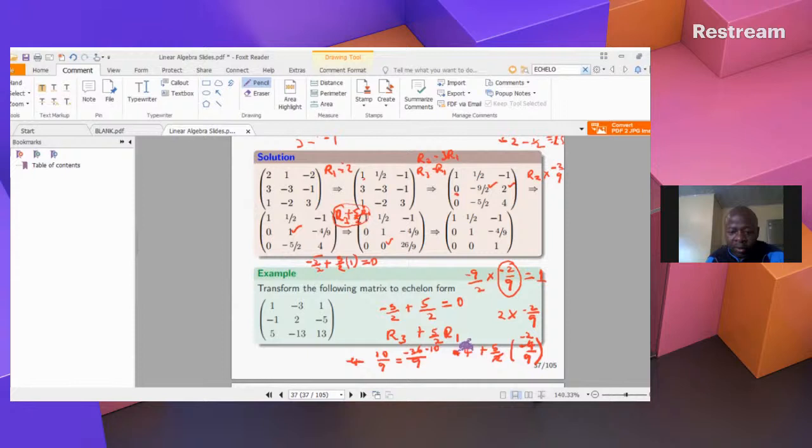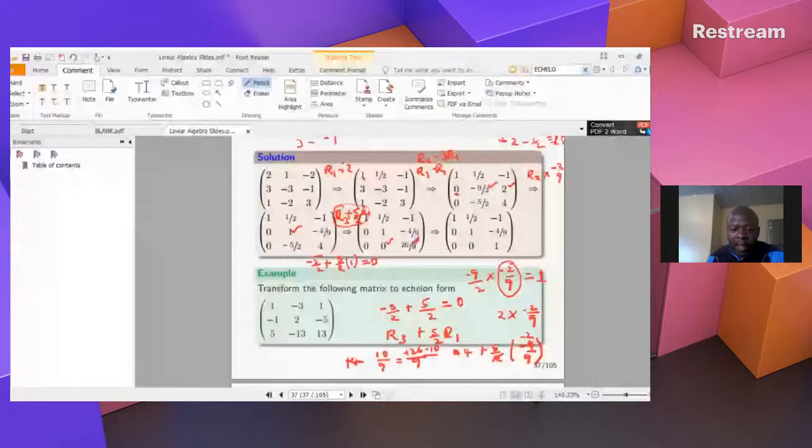So it's positive 4. So positive 4 plus 10 out of 9. So this will be positive 36. So positive 36 minus 10 out of 9. That gives us positive 26 out of 9. That's what I have.